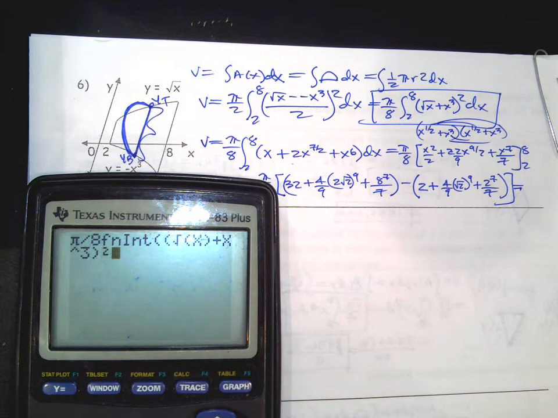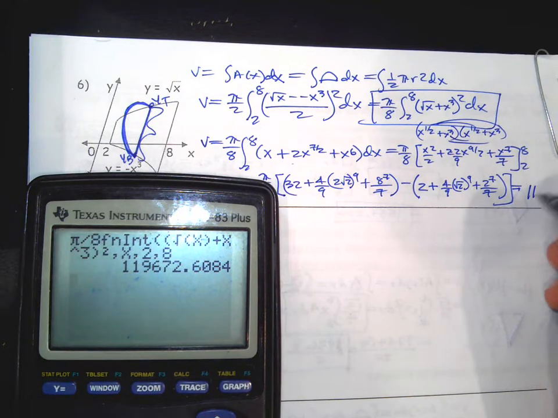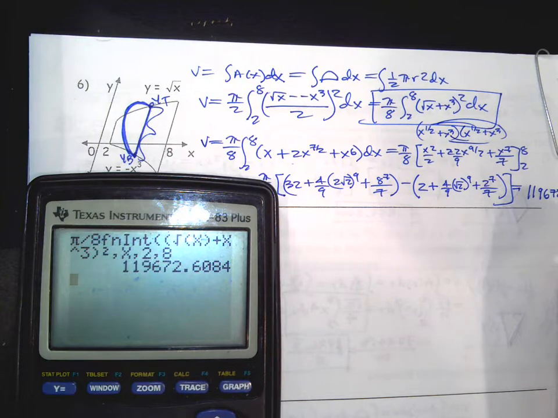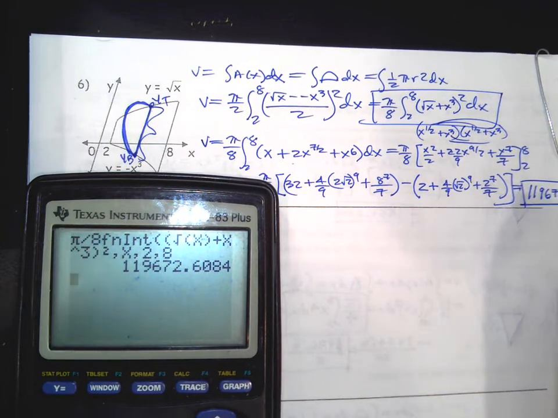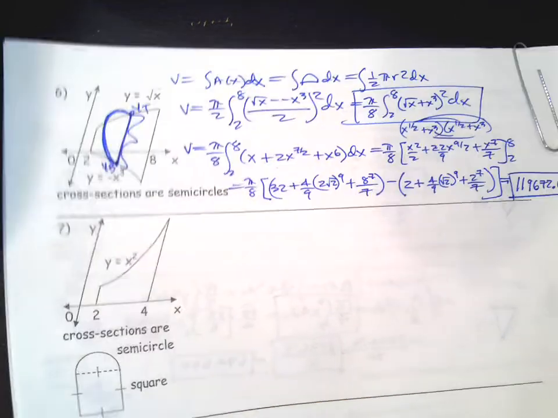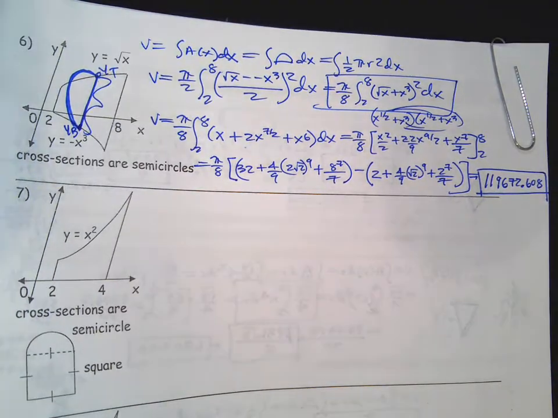Make sure you square it, comma x, comma 2, comma 8. So this is the answer. 119,672.608. Rounded or truncated comes out the same thing this time. Big answer. All right, next one.